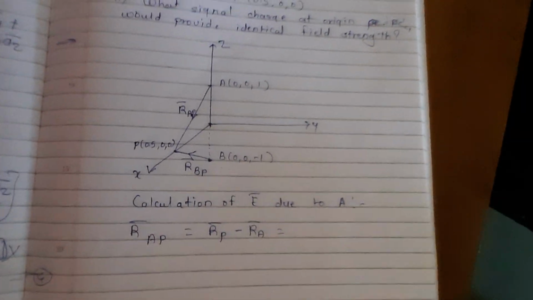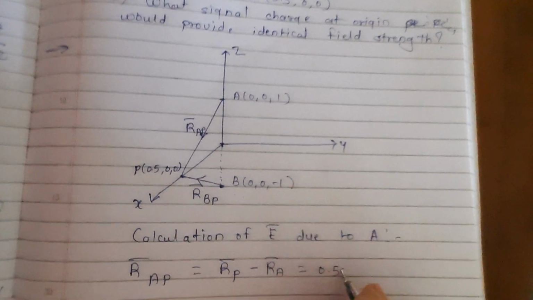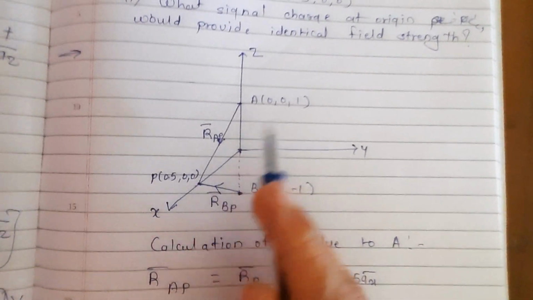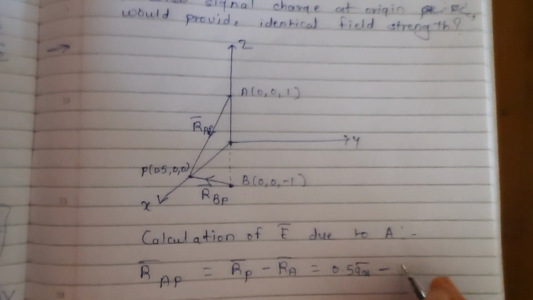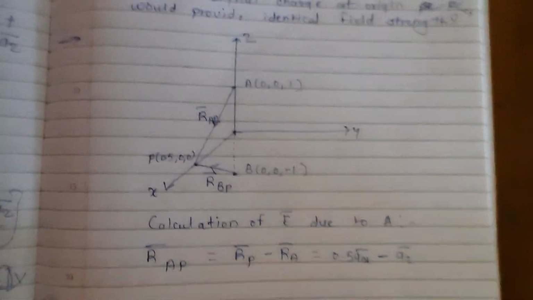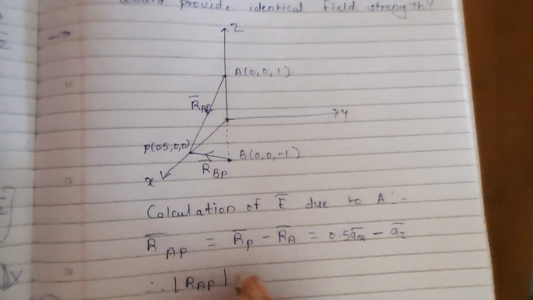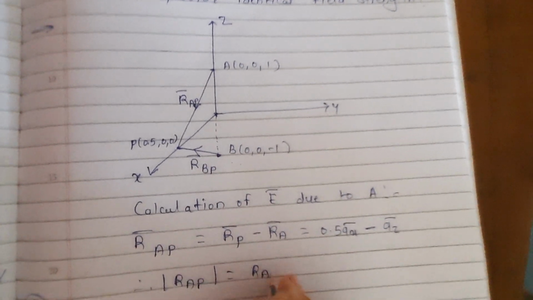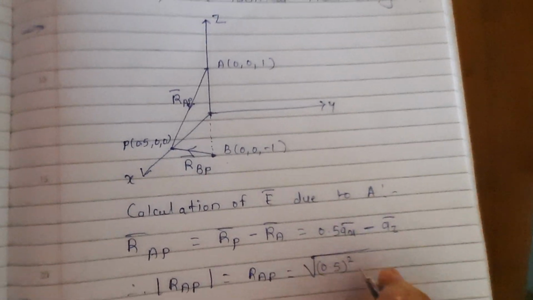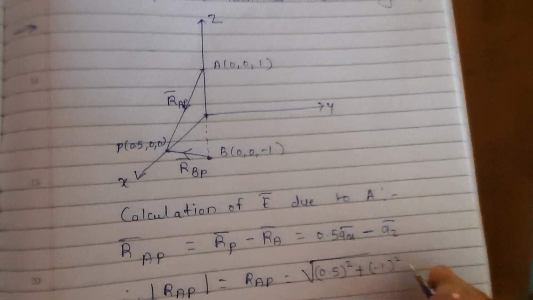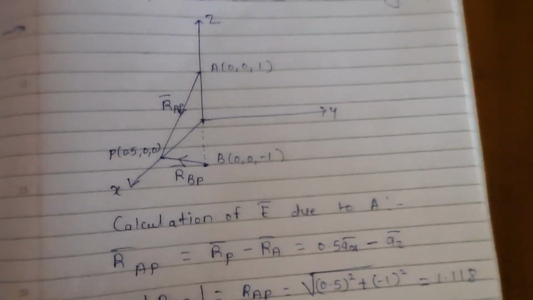So 0.5 minus 0 is 0.5 ax bar, 0 minus 0 is 0 ay bar, and 0 minus 1 is minus az bar. Now the mod is square root of 0.5 square plus minus 1 square. So it is 1.118.